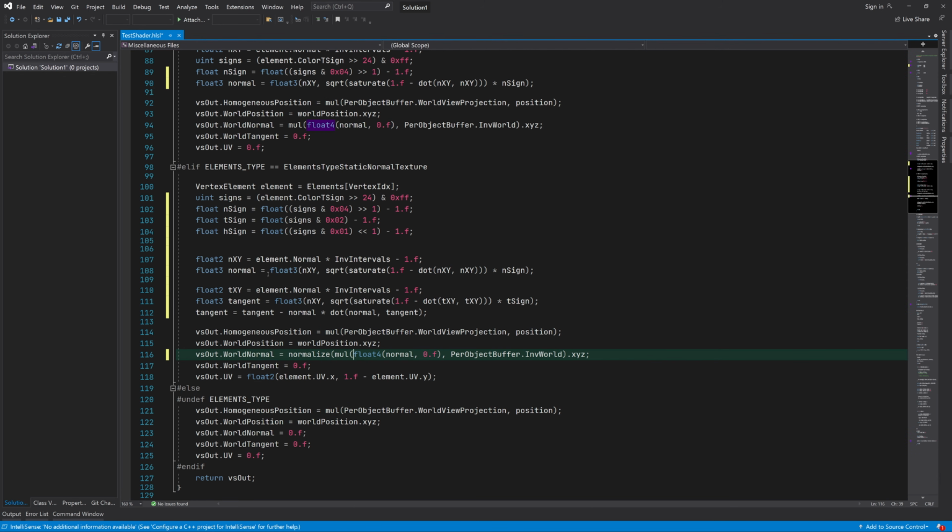When transforming vectors, we only need the rotation and scale part of the transform matrix, which are both in the first 3 rows and columns of the 4x4 matrix. After transforming the tangent vector and normalizing the result, we put the handedness in the W component of the tangent vector.